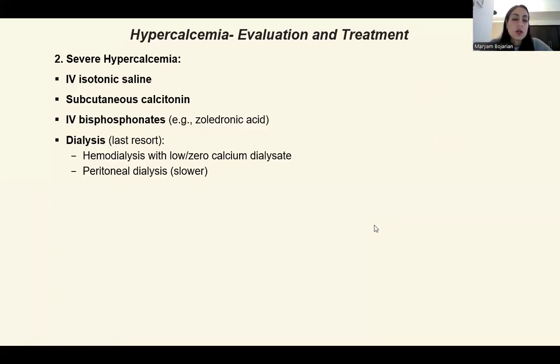Just remember, a bisphosphonate takes about 3 to 4 days to kick in, so in the meantime, make sure your patient gets enough IV fluid, and you can fill this gap by giving calcitonin. As a last resort, we can use dialysis with low or zero calcium dialysate, and you can have a conversation with your nephrology colleague. We can also use peritoneal dialysis.